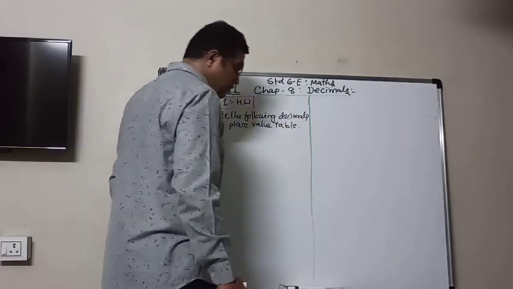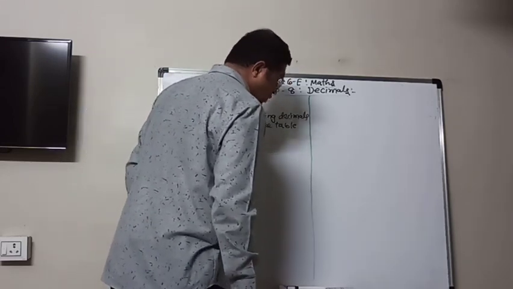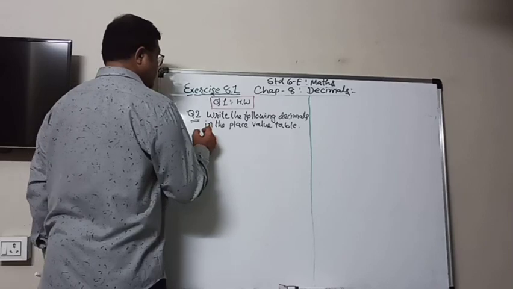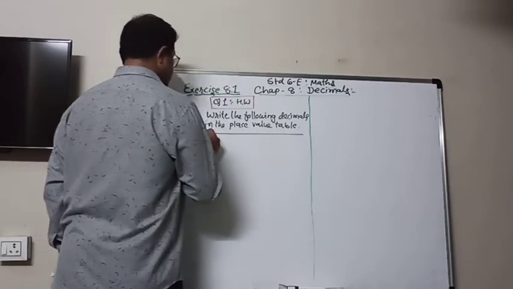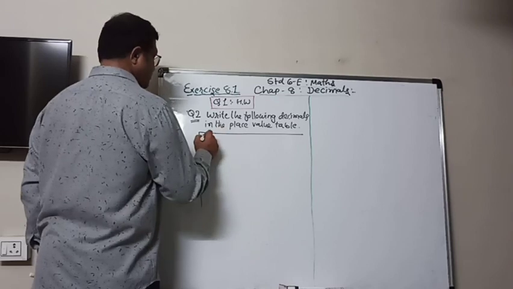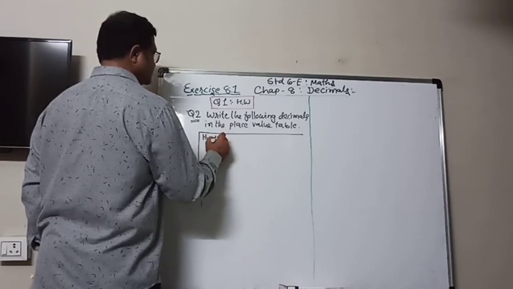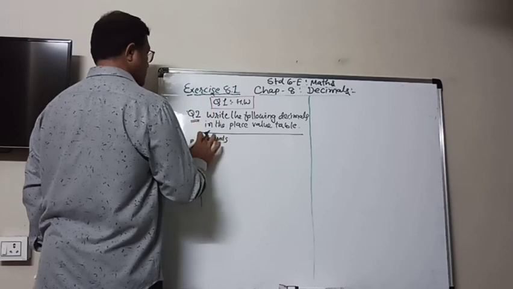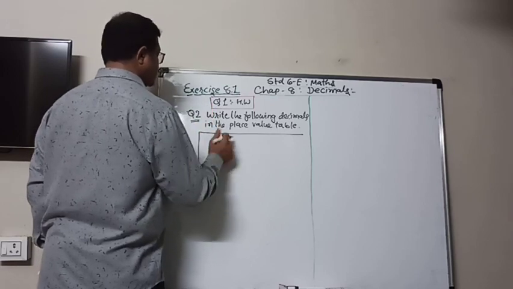So now in the place value table, let's see, it is up to hundreds. So now we will draw the table, in which first we will take hundreds, but before that we need to write down that number.